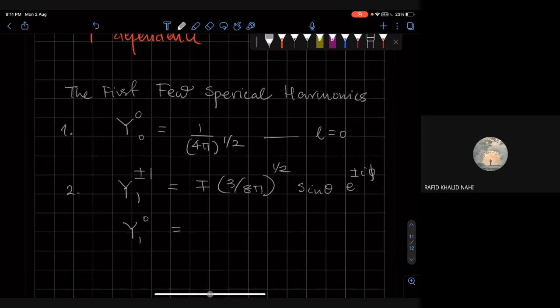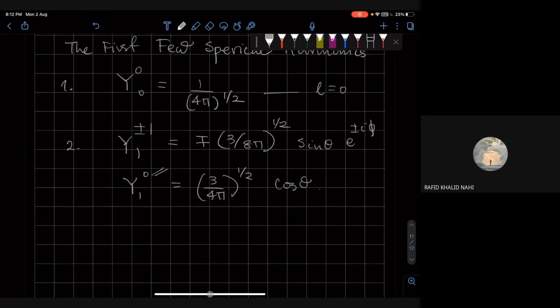It's going to be the square root of 3 by 4 pi cosine of theta. Of course, because M is 0, it doesn't have a phi dependence. So they form a triplet, right?